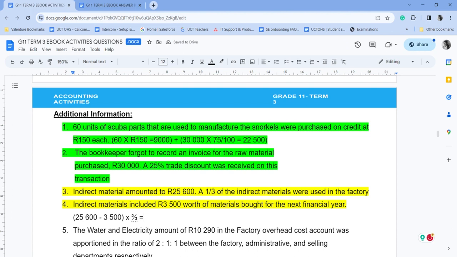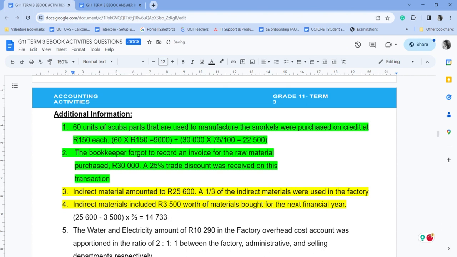So then you will say 25,600 minus 3,500, and then whatever answer you're getting, which is 22,100, then you'll say times 2 divided by 3, which gives us 14,733 rand.